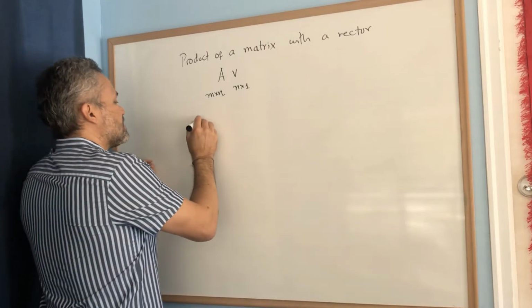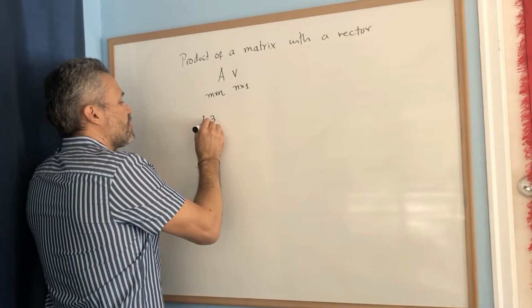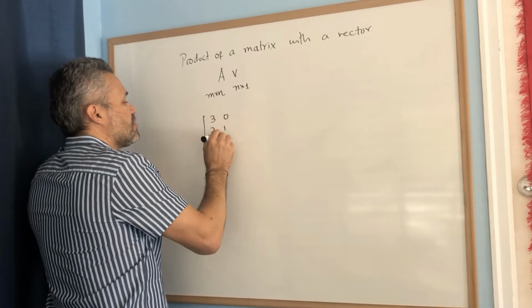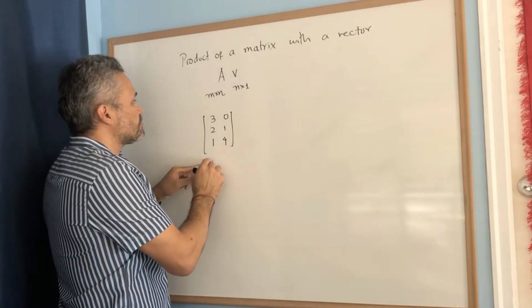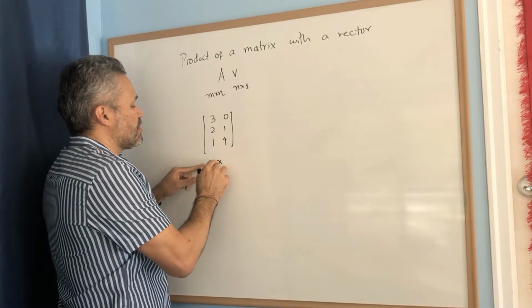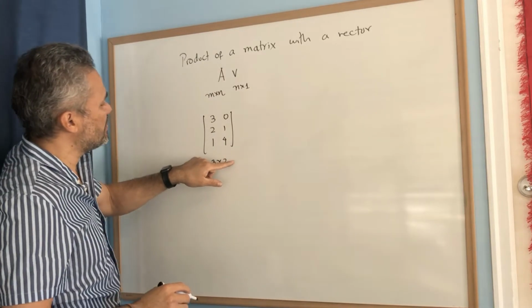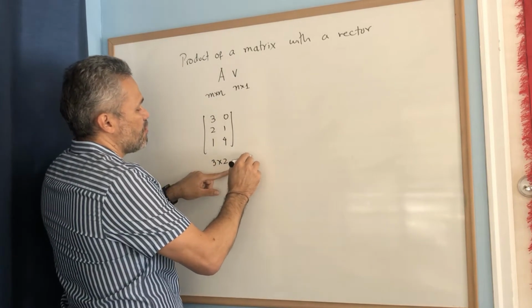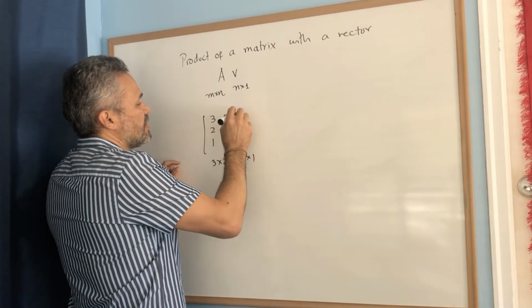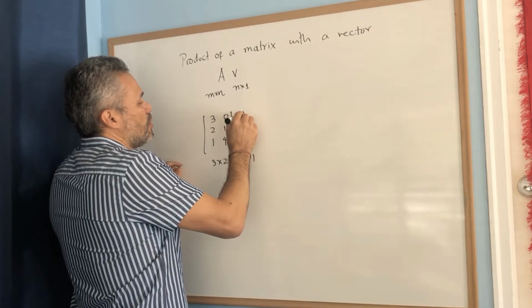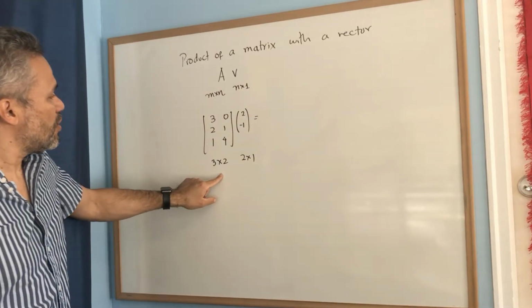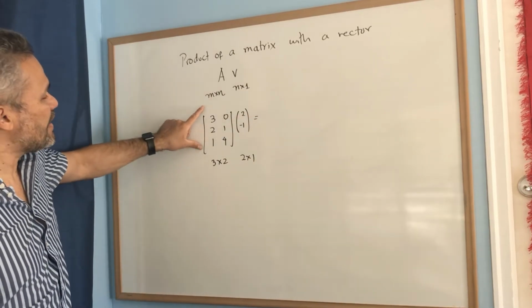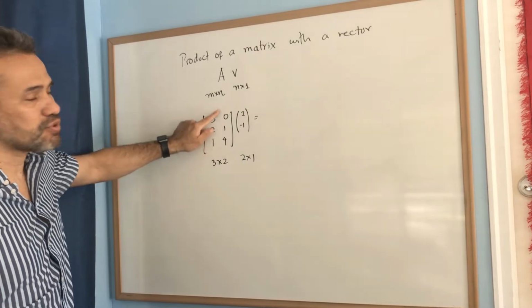Let me do an example. Let's suppose that we have the matrix with columns (3, 2, 1) and (0, 1, 4). This is dimension 3 by 2, and then I need a vector of dimension 2 by 1, a vector of size 2, let's say (2, negative 1). By definition, for this product, what you do is a linear combination of the columns.